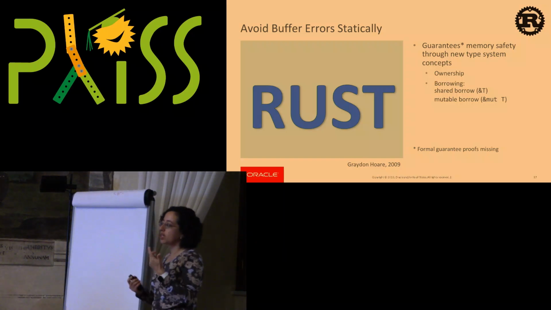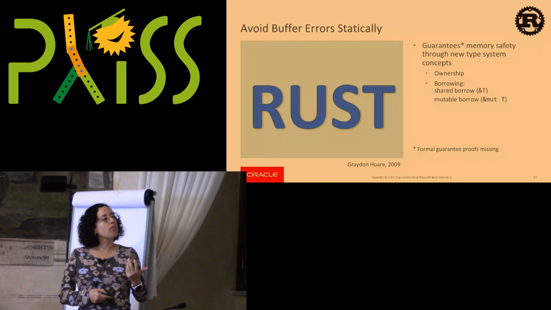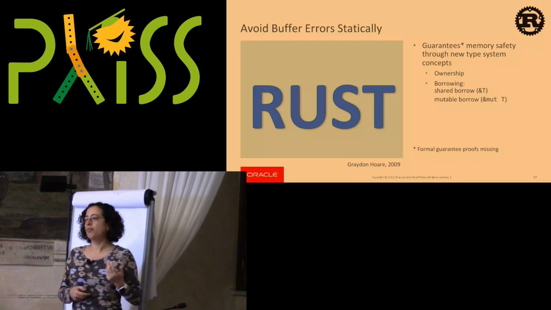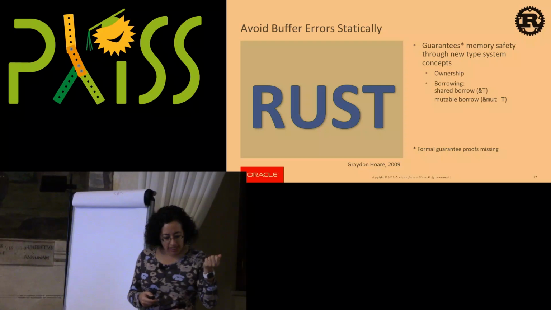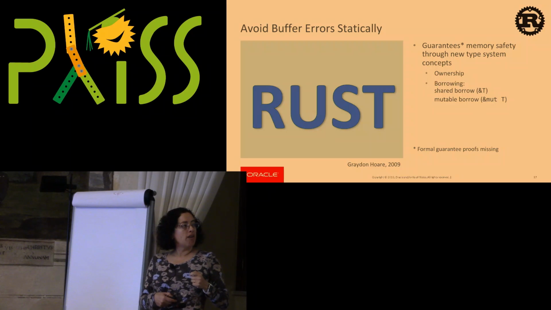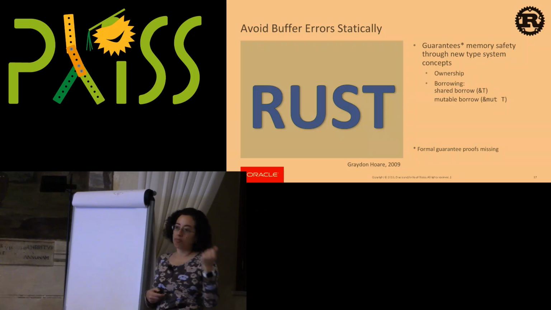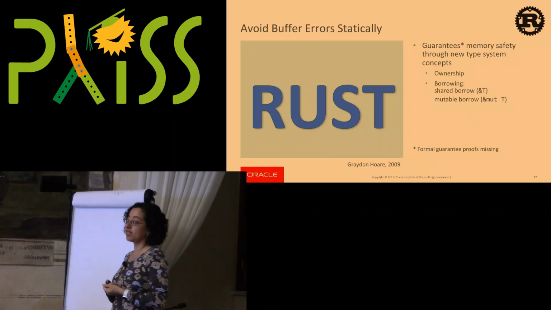What's interesting with the concept of borrowing is that when you have your pointers, you can have a shared borrow, right? So I can share a pointer, but when I share this pointer, you cannot mutate it, okay? Or I can have a mutable borrow, and if I have a mutable borrow, then it cannot be aliased. What that prevents is a lot of the type of errors that you see in languages like C and C++.